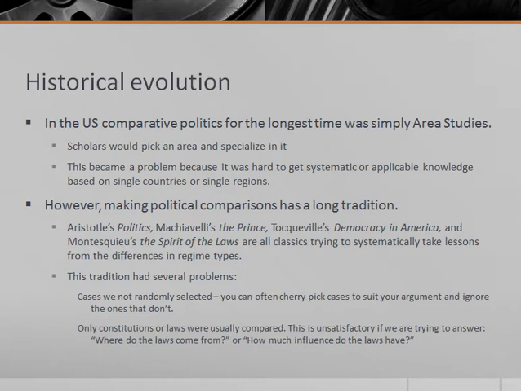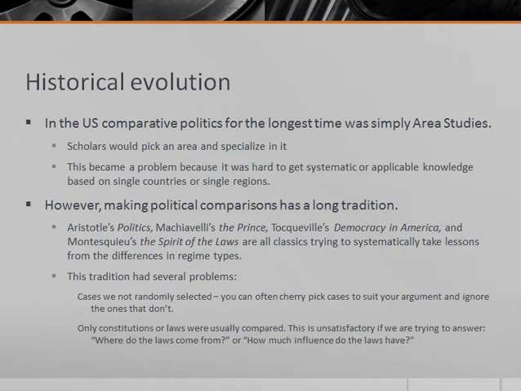All these are classics of political science in some sense, which doesn't mean that they are necessarily very correct, very true in the knowledge that they develop, but they are classics in the sense that they are early attempts to systematically take lessons from the differences in regime types in different countries, and then trying to make something of that knowledge.